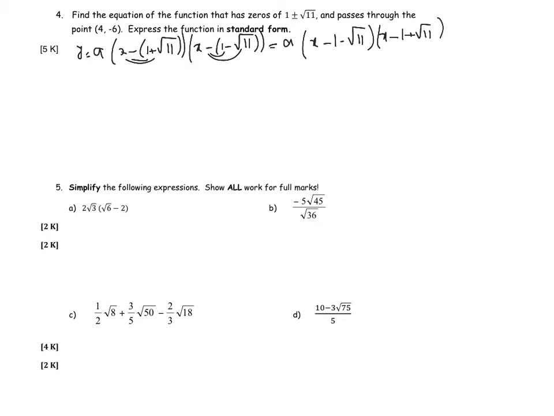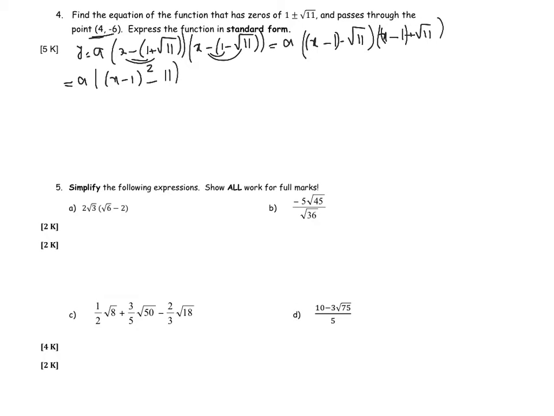Now if we look at these two brackets, if I put another bracket here and one here, then I get a minus b times a plus b, which is a squared minus b squared. So this is exactly like a times x minus 1 squared minus 11. Now, before I expand this one, I'm going to use the point given here.